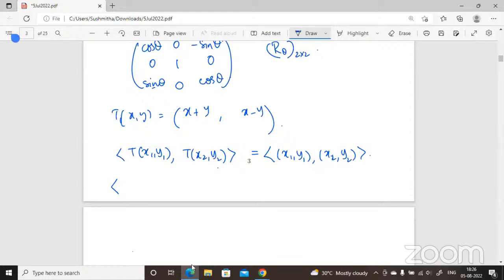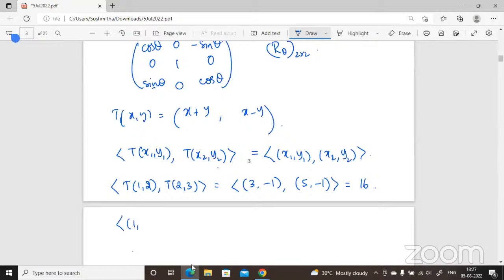1, 2 and 2, 3. I think any vector should work. Yeah, 1, 2 and 2, 3. What is the image of 1, 2? 3, comma, minus 1, and for 2, 3 it is 5, comma, minus 1. So the inner product is 15 plus 1, which is 16.